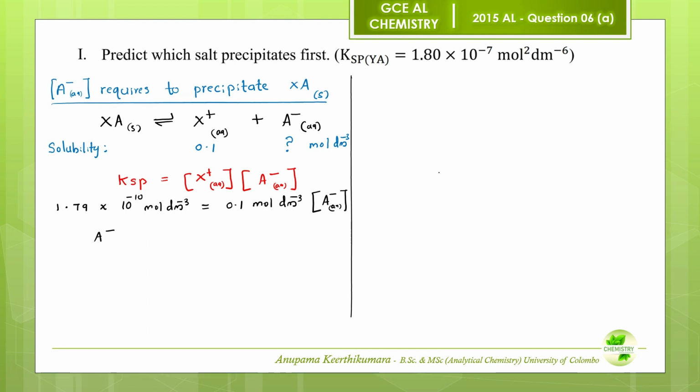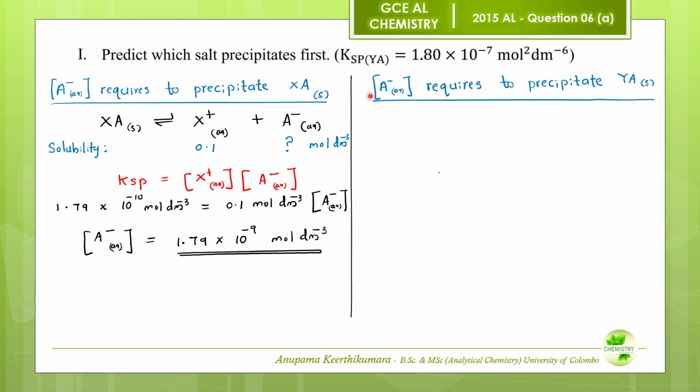Concentration of A minus ions equals 1.79 times 10 to the negative 9th moles per cubic decimeter. Therefore, concentration of A minus ions required to precipitate XA is 1.79 times 10 to the negative 9th moles per cubic decimeter.